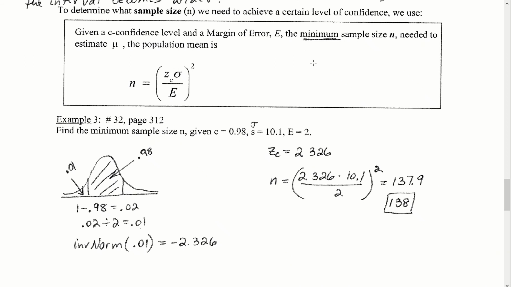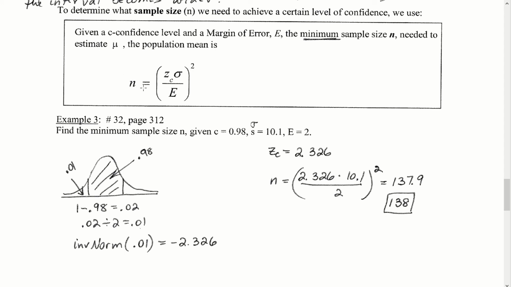The last topic we're going to look at in section 6.1 is determining the minimal sample size needed to obtain a certain level of confidence. If we take our old school formula from just a while ago, the margin of error formula of E, you can rearrange that formula algebraically and solve it for the variable n.